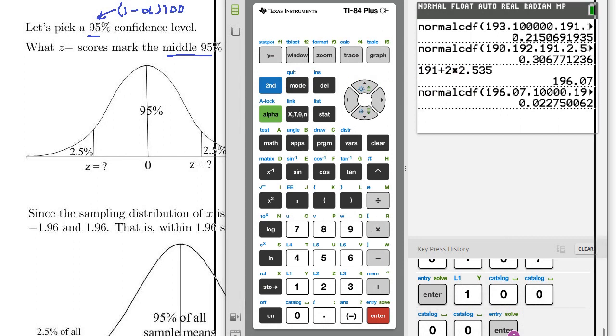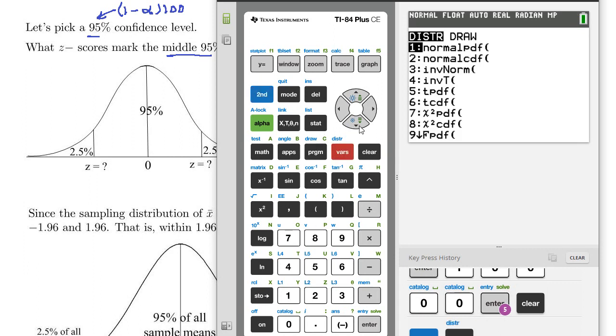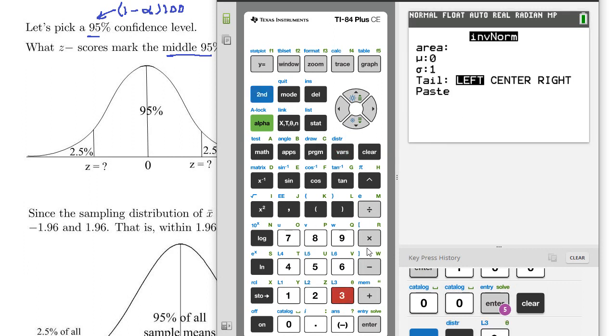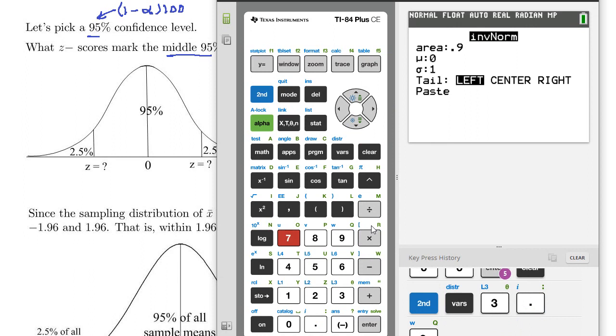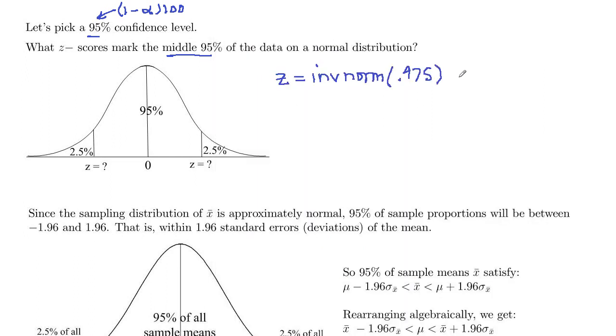So let's go ahead and compute that. Second variables, inverse norm is number 3, and 0.975. Come down and paste that. 1.9599, so this is about 1.96.